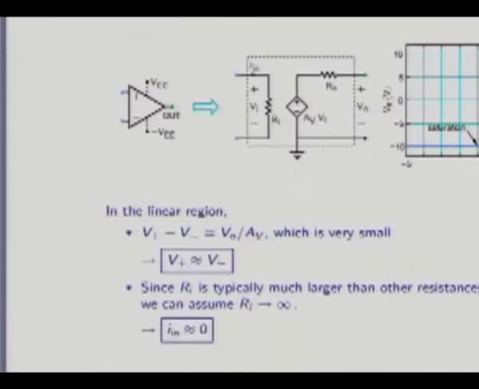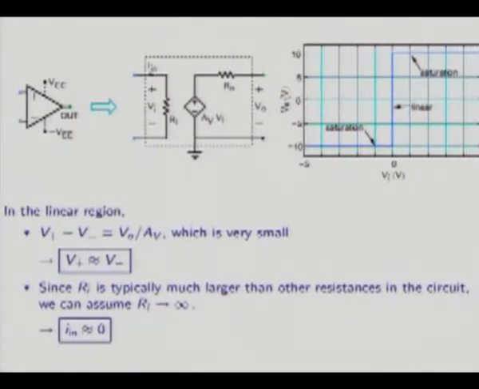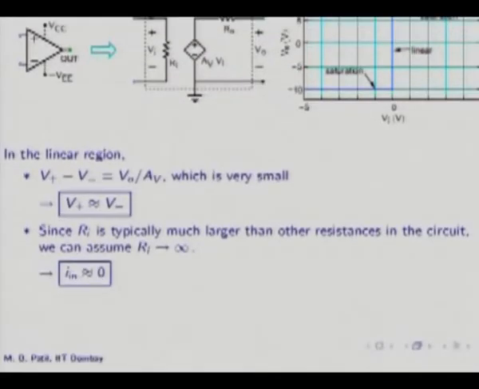Second, since the input resistance is typically much larger than any other resistance in the circuit, normally this would be in the order of kilo ohms, and the input resistance would be of the order of mega ohms, this input current I in here, that current or that current, is nearly 0. So that's another very useful feature that we are going to use in analyzing circuits.